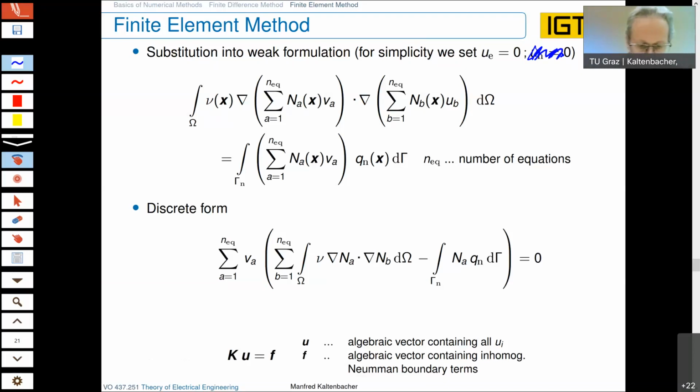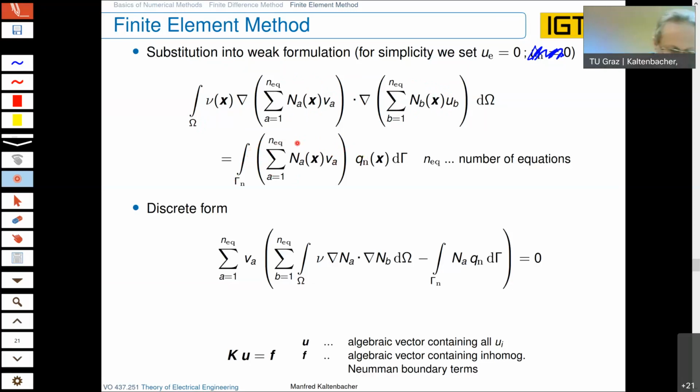Okay, and now you see what we actually have. We have this long form. We still have our integral over the computational domain. We have substituted here our continuous test function by this ansatz, the discrete ansatz. The same for the unknown physical quantity u. Yeah, and on the right-hand side, we have the integral over the natural boundary where we have prescribed our flux, physical flux, q_n, and this is the approximation for the test function.